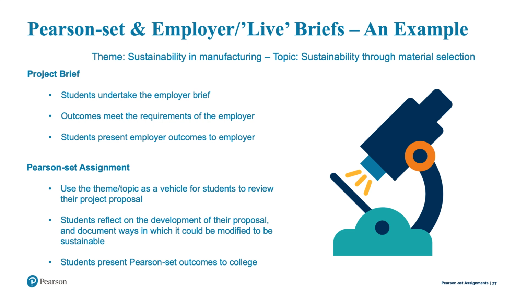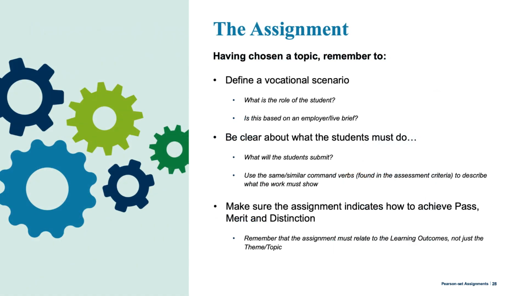So the students can reflect on the development of that proposal and think about ways in which they might modify that proposal to be sustainable. And the students would present that set of outcomes to the college. So you can see that there is some flexibility in the way that we might relate Pearson-set assignment, theme and topic to a live brief from an employer, even if they don't necessarily map directly.